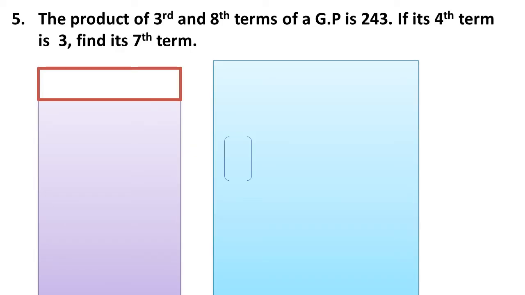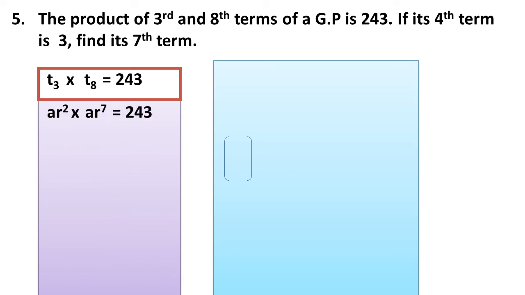Question number 5. The product of third and eighth terms of a GP is 243. If its fourth term is 3, find its seventh term. Product of third and eighth terms, T3 into T8 is equal to 243.